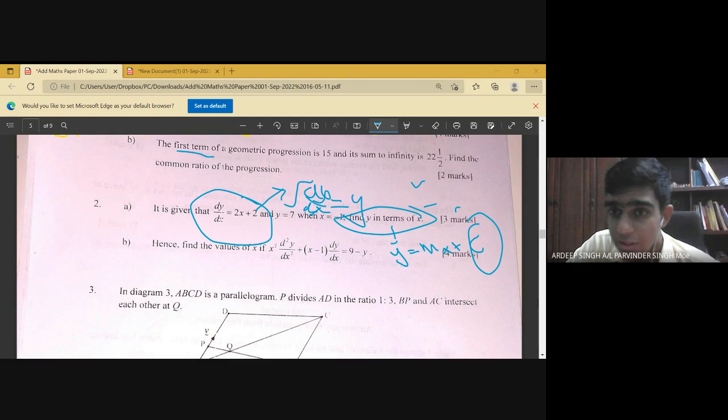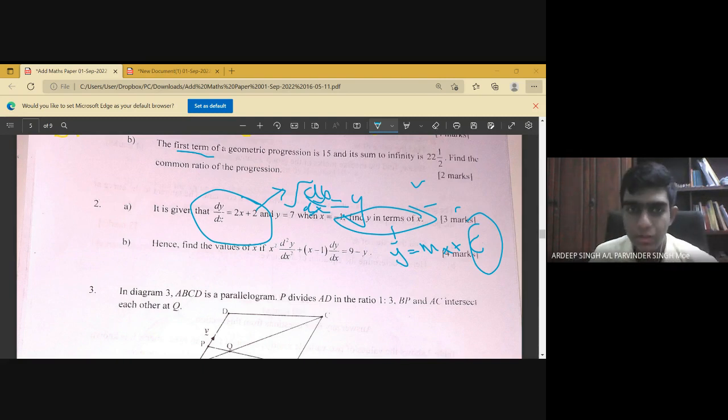So integrating 2x plus 2, you get x squared plus 2x plus c, because you just integrate it normally. Now you must find the c. So you substitute the value of y equals 7 and x equals minus 1 into the equation, and you get c. So you get y equals x squared plus 2x plus 8. So your c will be 8 and you will get your y in terms of x. That's how simple it is.